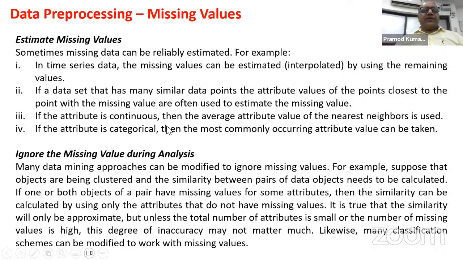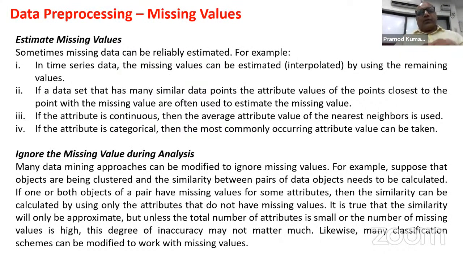If the attribute is continuous, then the average attribute value of the nearest neighbors is used. If the attribute is categorical, then the most commonly occurring attribute value can be taken. If it is a numerical attribute, you can take the average. But if it is categorical, you cannot find the average.